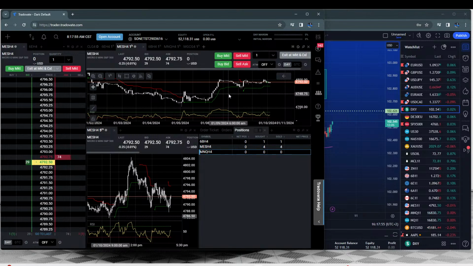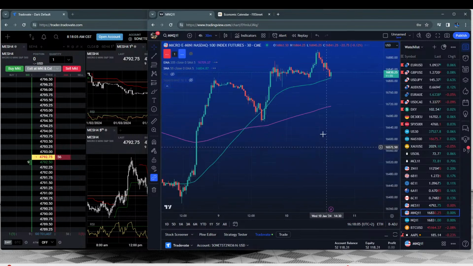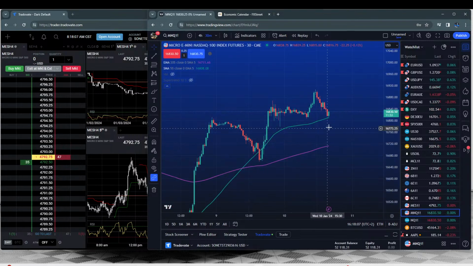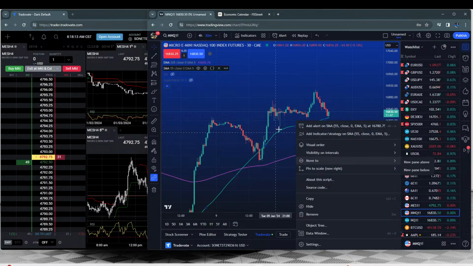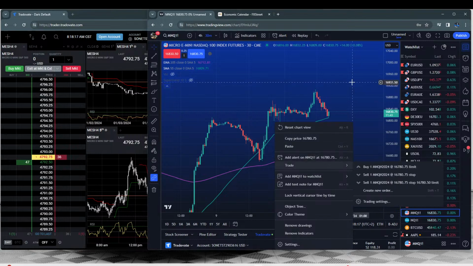Here you can also put orders in the chart, but I prefer to use TradingView to execute the trading orders. For example, it's easier. You see the points, you just right click, trade. Okay.